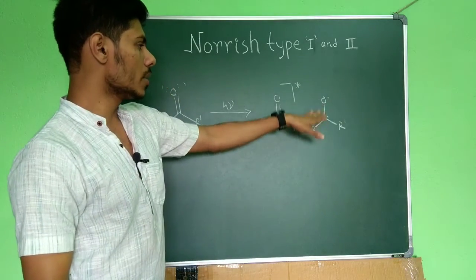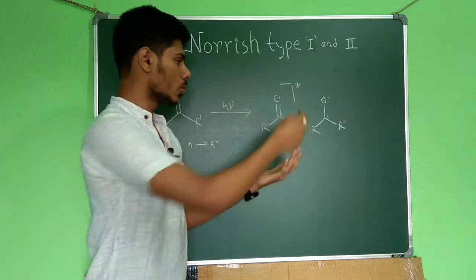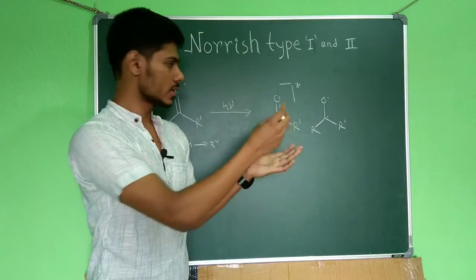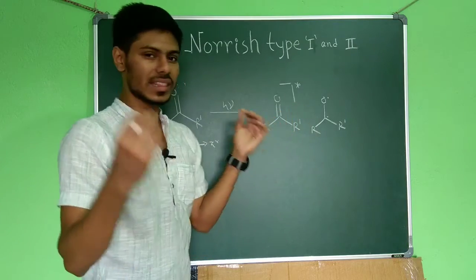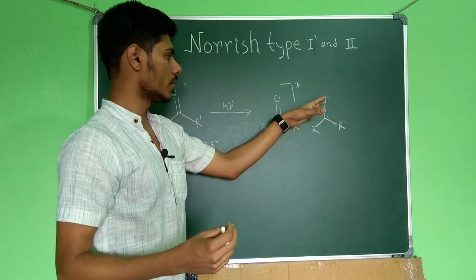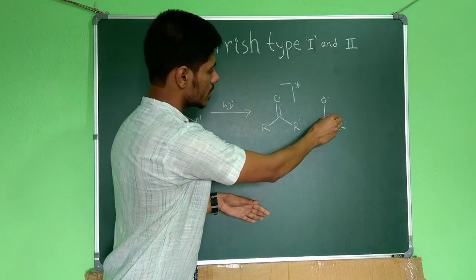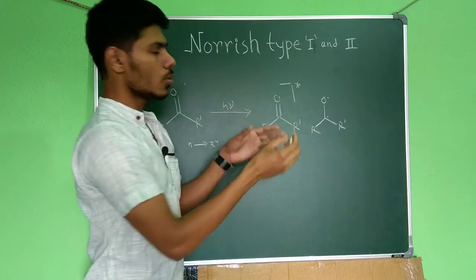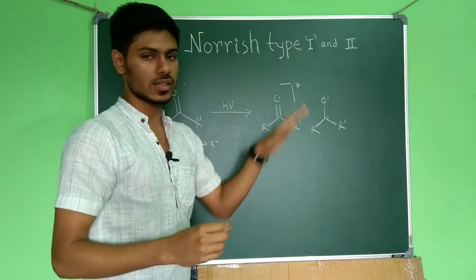That's why we represent here that this pi bond is broken. Although it is not a standard representation, we can think like this, that this pi bond is broken, and that's why we represent it by these two dots. So when we put an electron in the pi star orbital, the pi bond is broken. This is the excited state of the molecule.